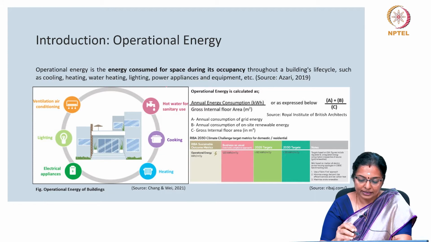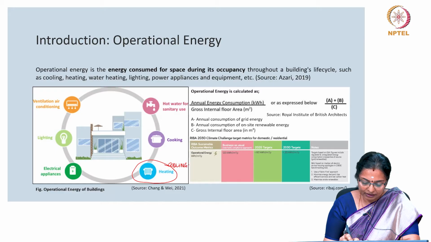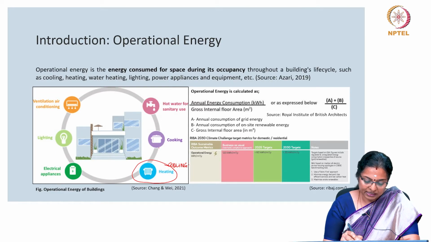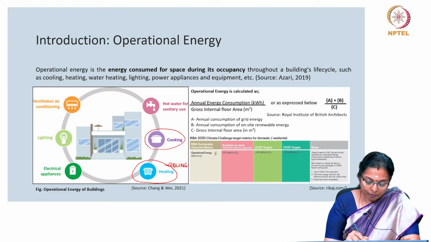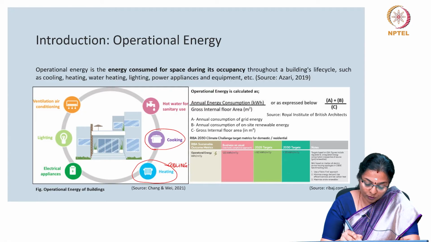So, here one can see heating or cooling, depending on the climate that we live in. Heating or cooling is one. In a residence, it can be cooking. Cooking meaning the contraptions that are used for cooking.